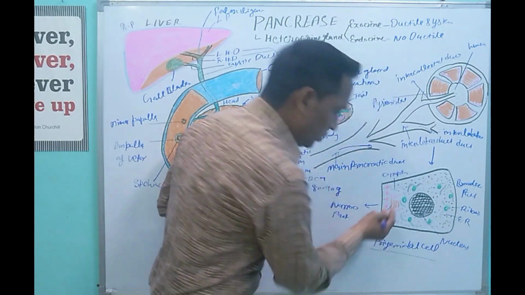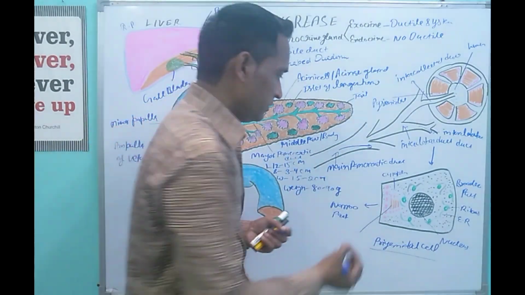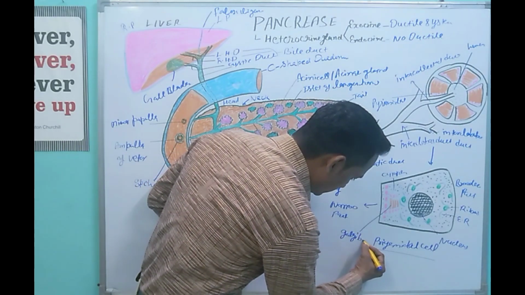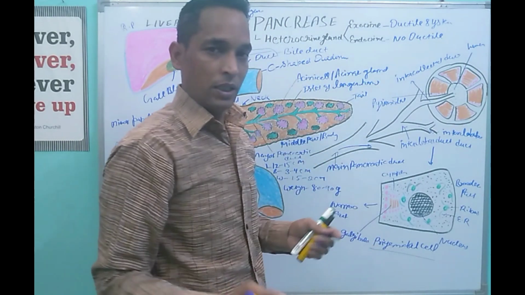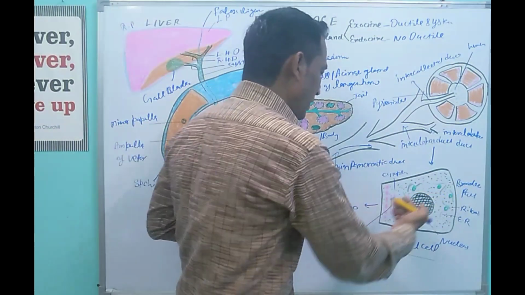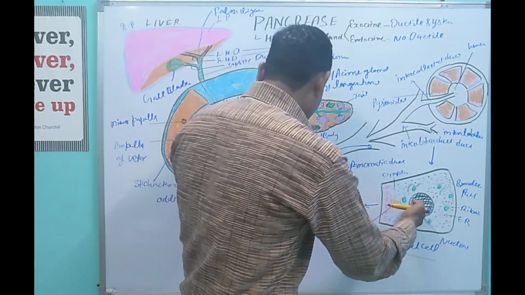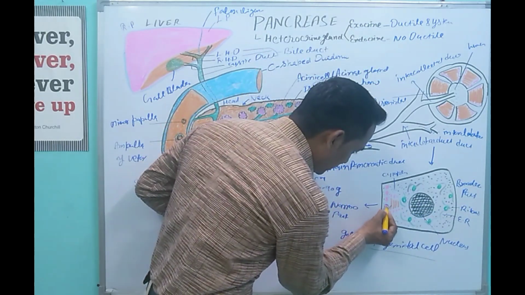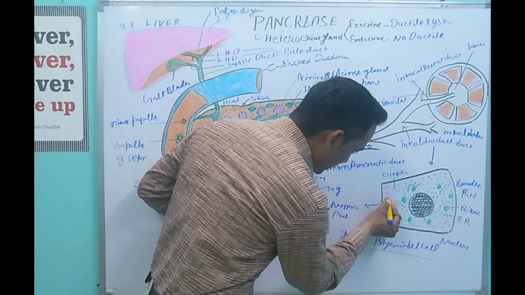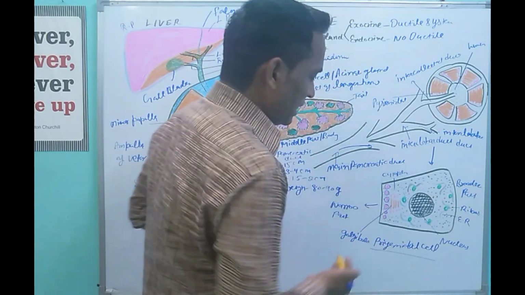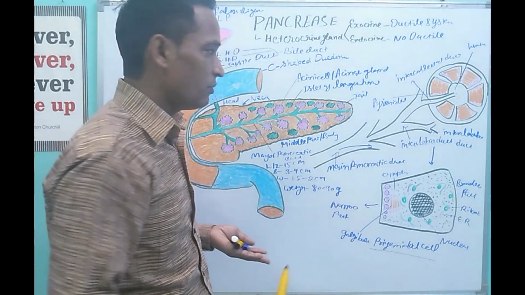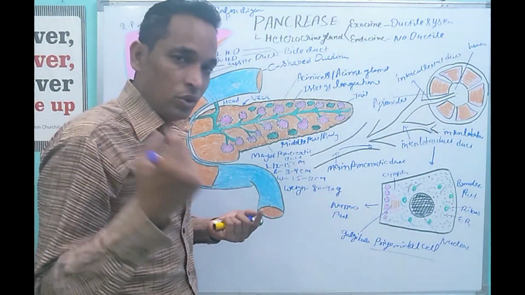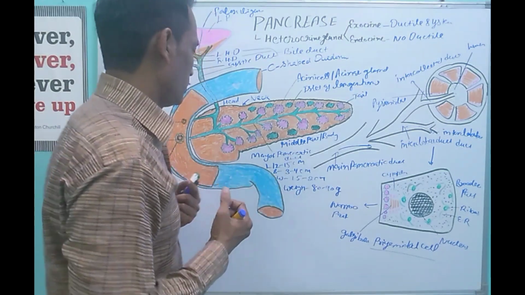And there are the Golgi bodies, because in the preparation of pancreatic amylase, the modification of the pancreatic amylase is done by the Golgi bodies, which secrete vesicles. Vesicles have the main enzymes that help in the digestion of food and control metabolism.